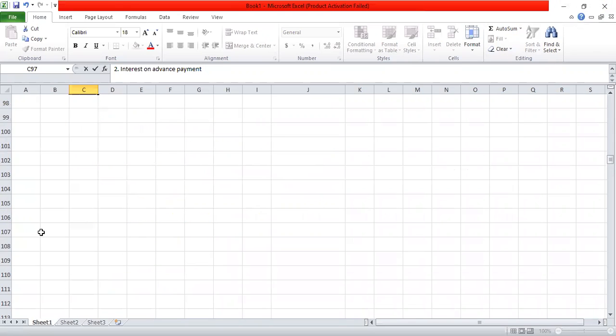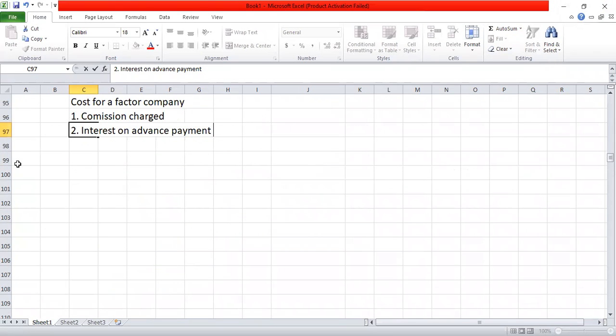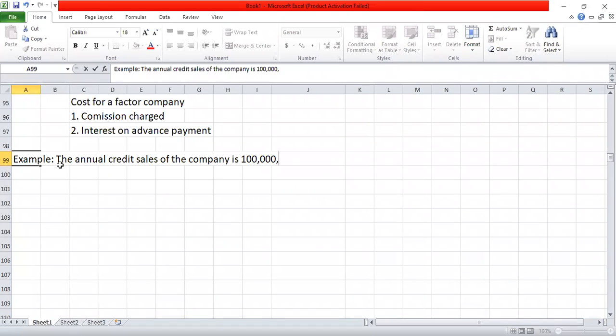We can look at an example before we go for detailed examples. So the annual credit sales of the company is 100 million, and the customers pay in 3 months.